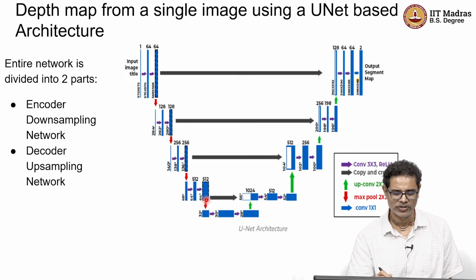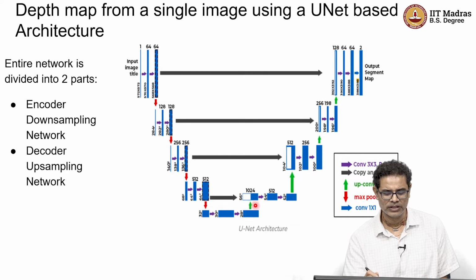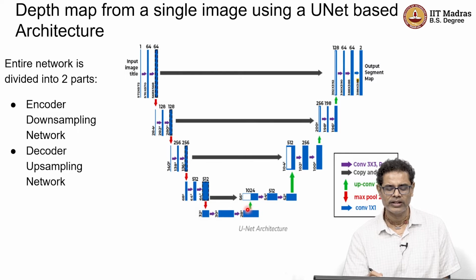So finally you get to some 32 cross 32 spatial size, 32 cross 32 cross 512, and then again you do convolutions, so it becomes 28 cross 28 cross 512. Now when you are upsampling, we concatenate the corresponding features from the encoder part.